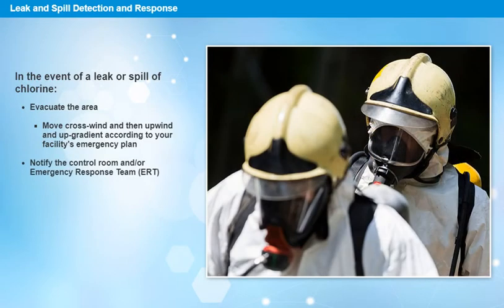Notify the control room and/or the emergency response team of the leak. Only trained personnel should respond. Unless you have been trained to do so, do not attempt a response to the leak yourself.